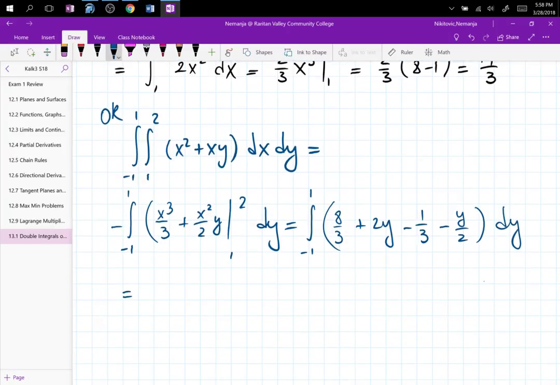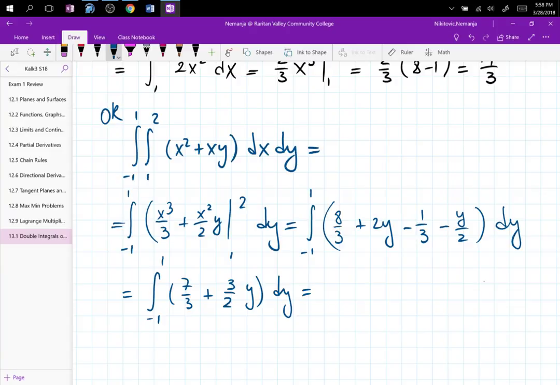For the total of the integral from negative 1 to 1 of 7/3 plus, this is 4 over 2, so 3/2 y. And now we integrate dy.